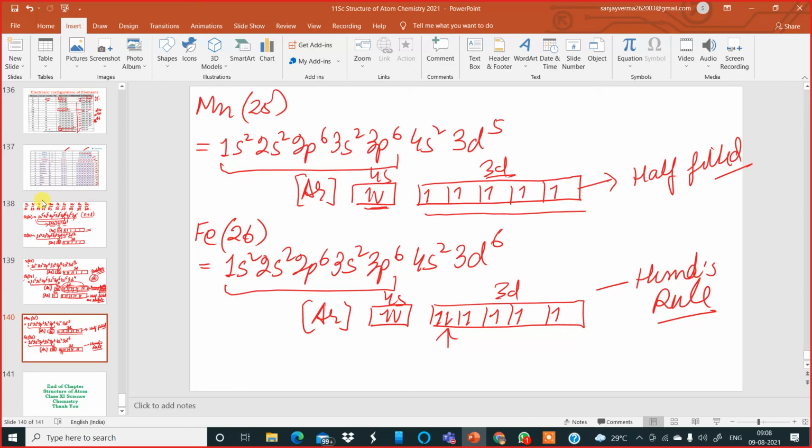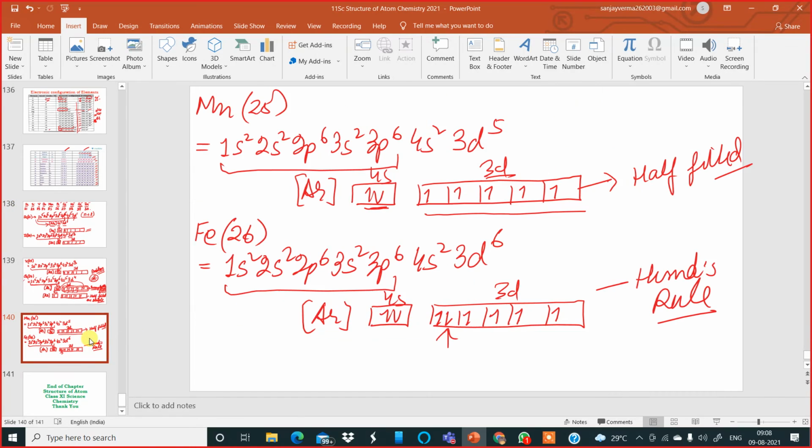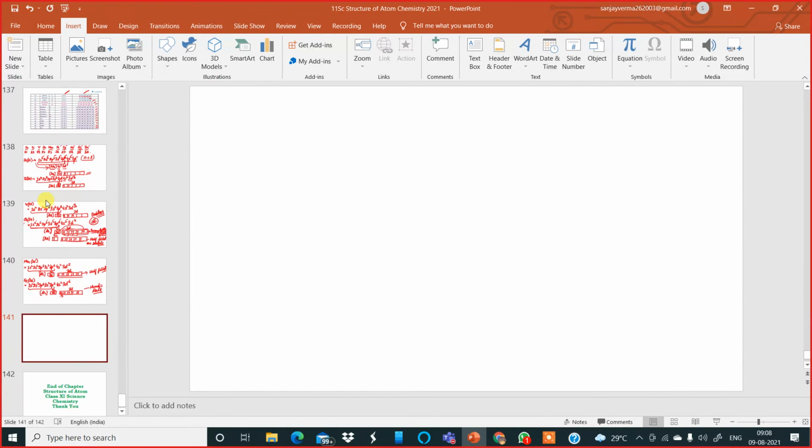Okay, now I will jump straight away to after iron. If you look over there, comes cobalt, nickel, copper, and zinc. Cobalt, nickel, I will not do. I will write down the electronic configuration of copper. Now just have a look at the next slide over here, which is for copper. Copper has an atomic number of 29, so there are 29 electrons.